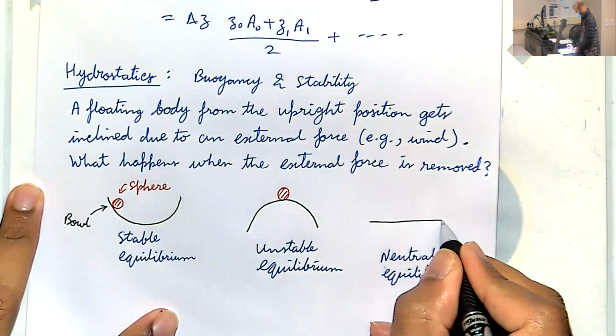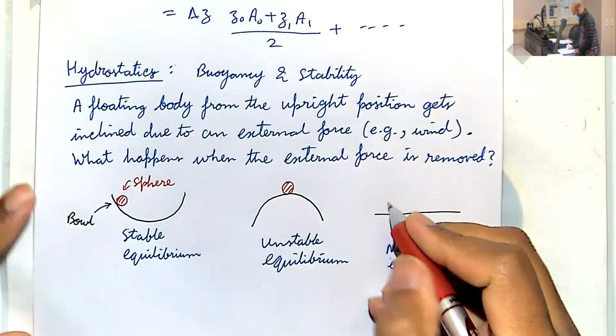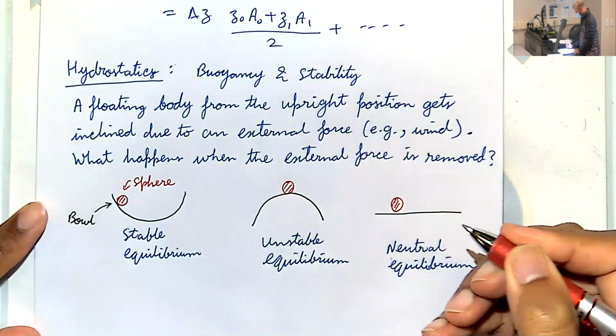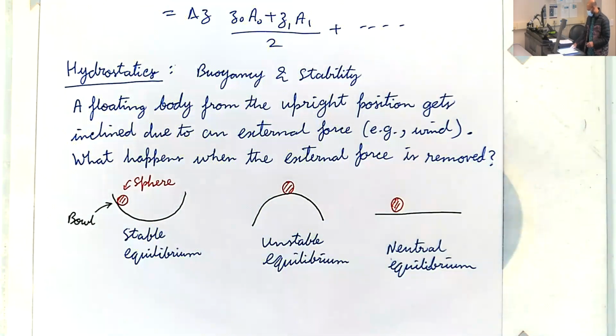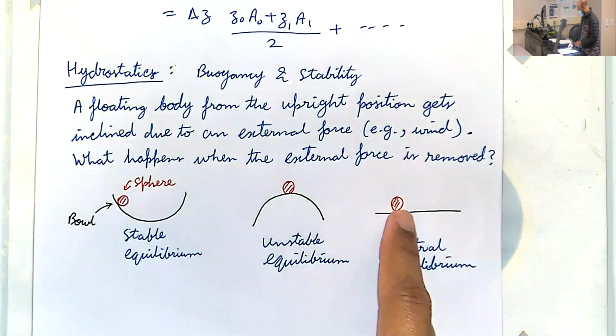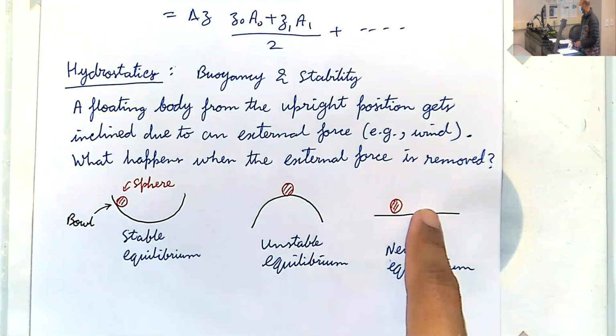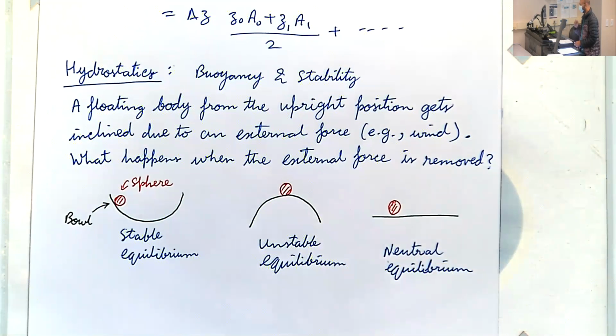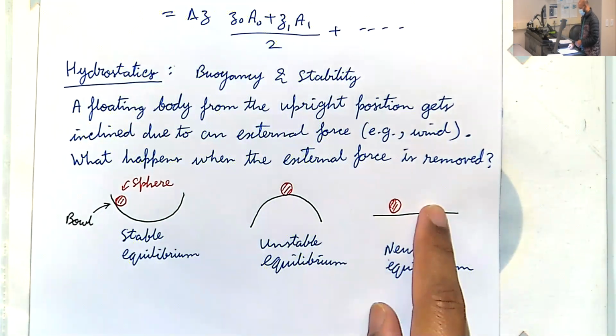So you put your ball on a tabletop and you nudge it. If you nudge it, the ball just moves and stays at the new position. So that's why it's called neutral. It has no tendency to come back or go further. It just stays at the new location.